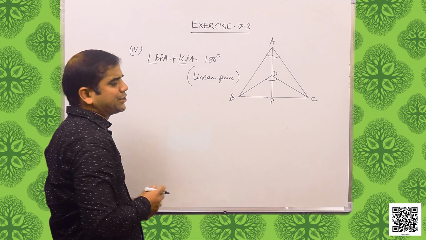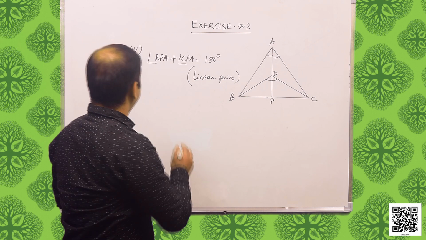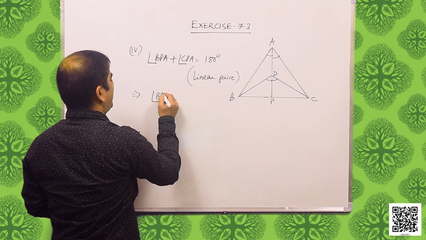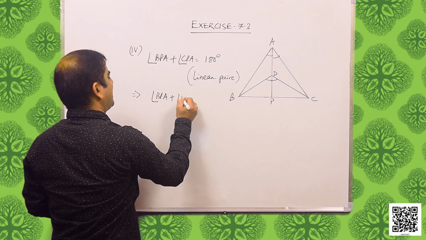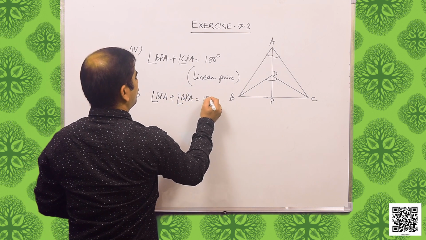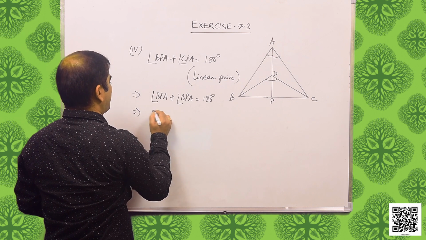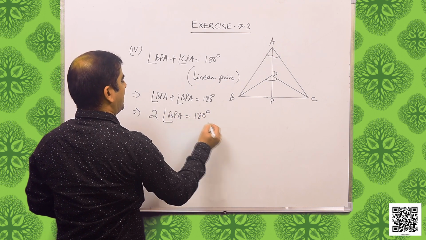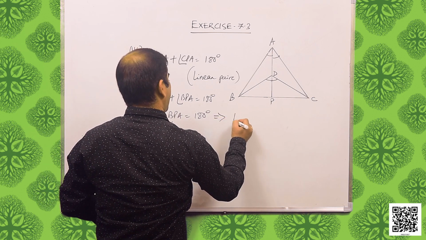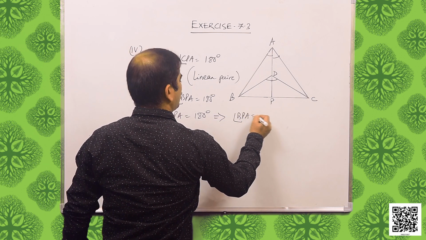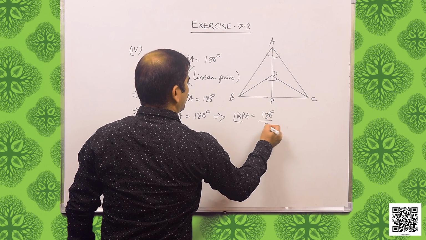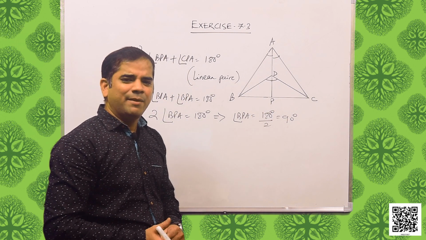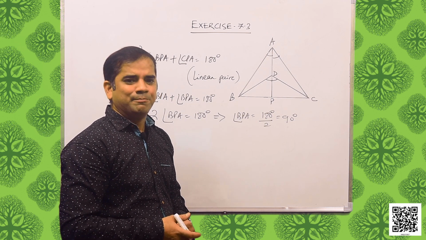That means I can substitute CPA by BPA. So angle BPA plus angle BPA is equal to 180 degrees. That implies 2 angle BPA is equal to 180 degrees, or angle BPA is equal to 180 by 2, that is 90 degrees.